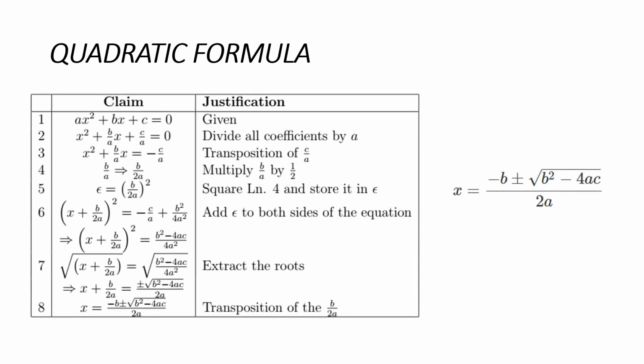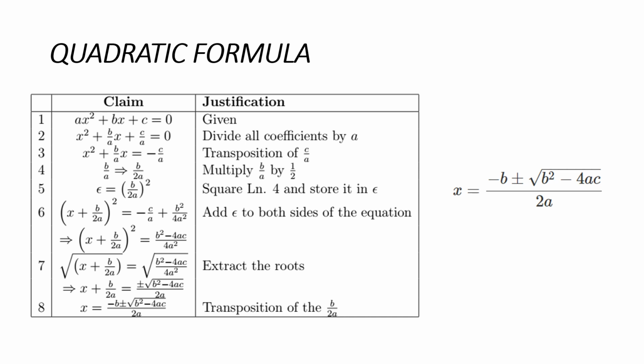Lastly, I'll be going over the quadratic formula. This is a quick table showing the justification of the quadratic formula. As shown, we start with the standard form ax squared plus bx plus c. And as you go down the proof, you will get to a solution where we see that the x, or the root of the equation, is negative b plus or minus the square root of b squared minus 4ac all over 2a.